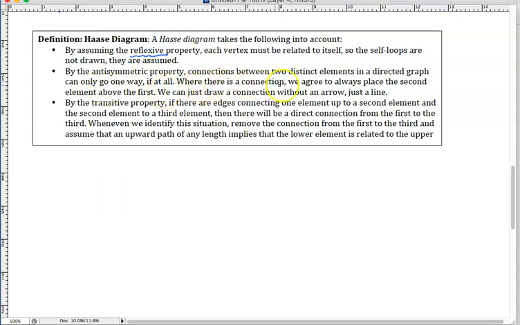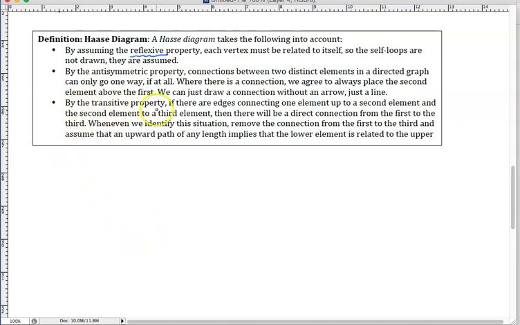So where there is a connection, we agree to always place the second element above the first, and we just draw a connection without an arrow, just a line. As long as the convention is to draw the second element above the first, you don't need to draw the arrows.